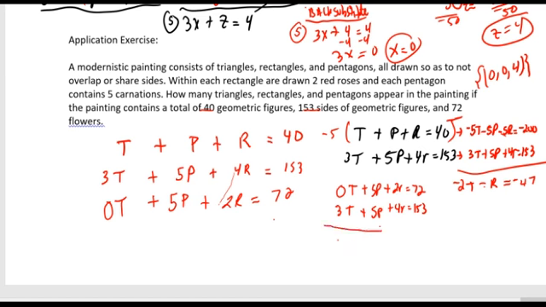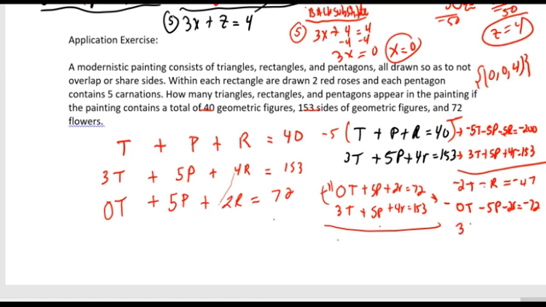I'm going to multiply the first one by a negative 1. So I end up with negative 0t minus 5p minus 2r equals negative 72.